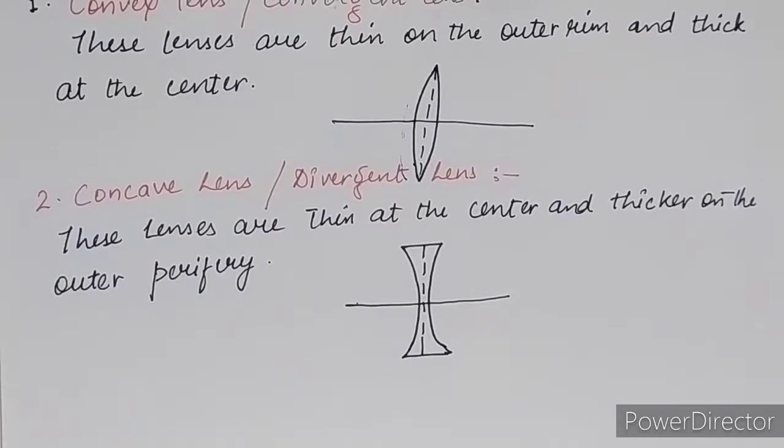Then we come toward the formation of the image, and then we will have the numerical. Right now we don't have any numerical. The theoretical and derivation portion is going on. Your homework for today is to go through the derivation of the refraction through a spherical surface. That is an important one. Clear? We will continue with our next lecture.